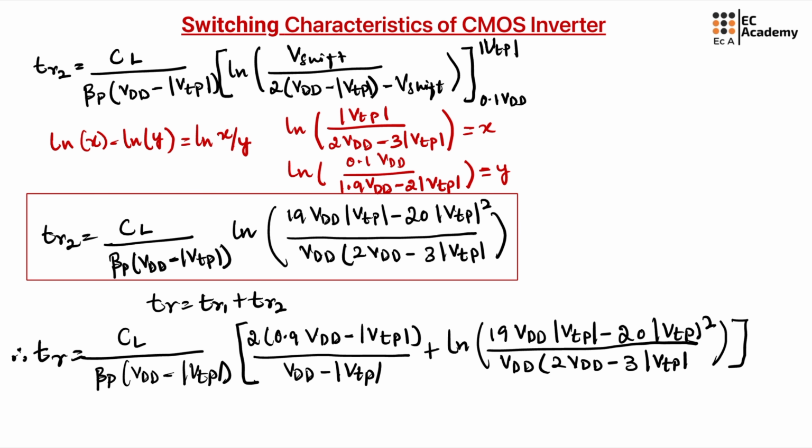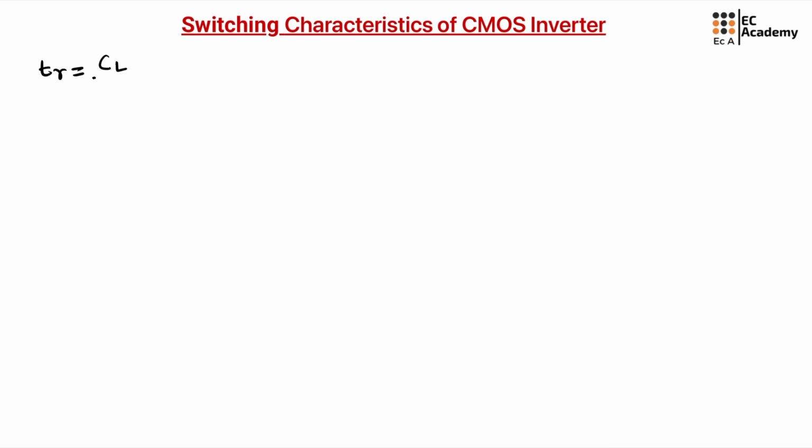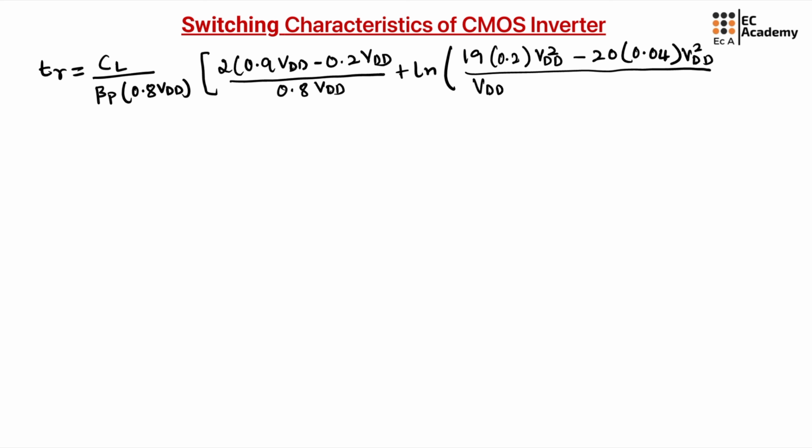In the above equation, if we put the absolute value of VTP as approximately equal to 0.2 VDD, we will get TR is equal to CL divided by beta P into 0.8 VDD into 2 into (0.9 VDD minus 0.2 VDD) divided by 0.8 VDD plus ln of (19 into 0.2 VDD square minus 20 into 0.04 VDD square) divided by VDD into (2 VDD minus 0.6 VDD).